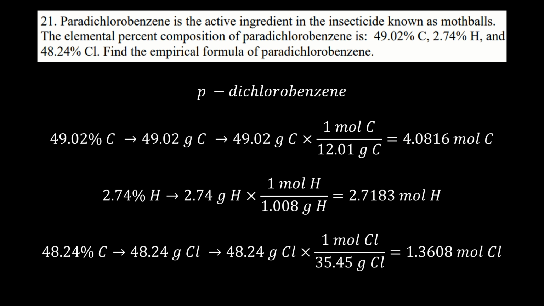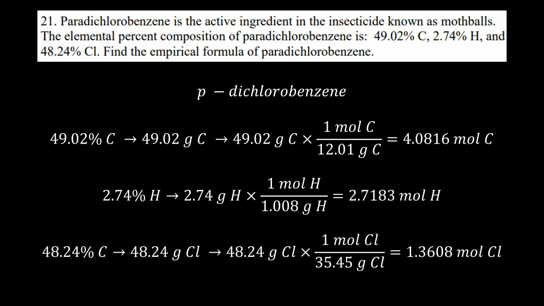And for our problem, we're told that para-dichlorobenzene is 49.02% carbon, 2.74% hydrogen, and 48.24% chlorine.